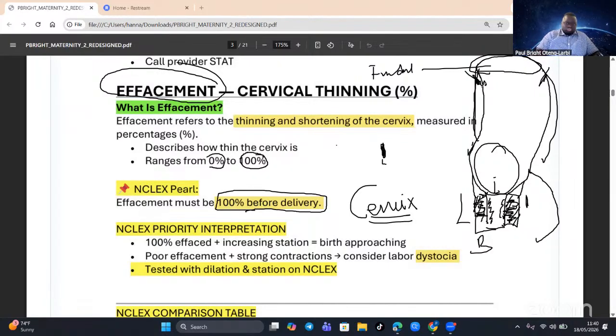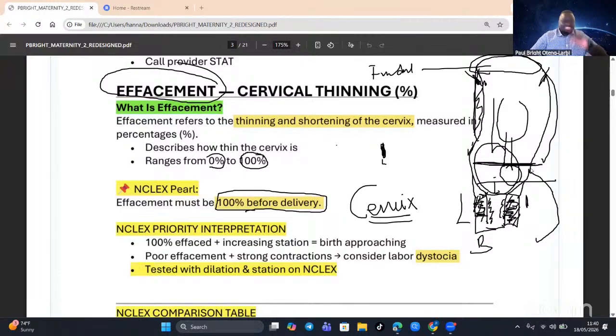So the uterus is contracting, and the baby inside must also help itself. Yes, it must descend. As it descends, it comes with station, effacement, engagement. The head is coming down, descent. Station at the ischial spine, the boundary.